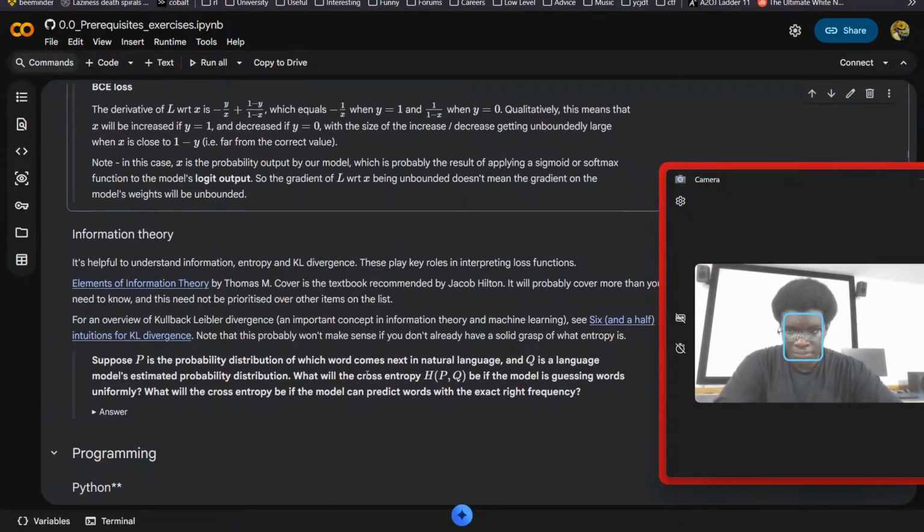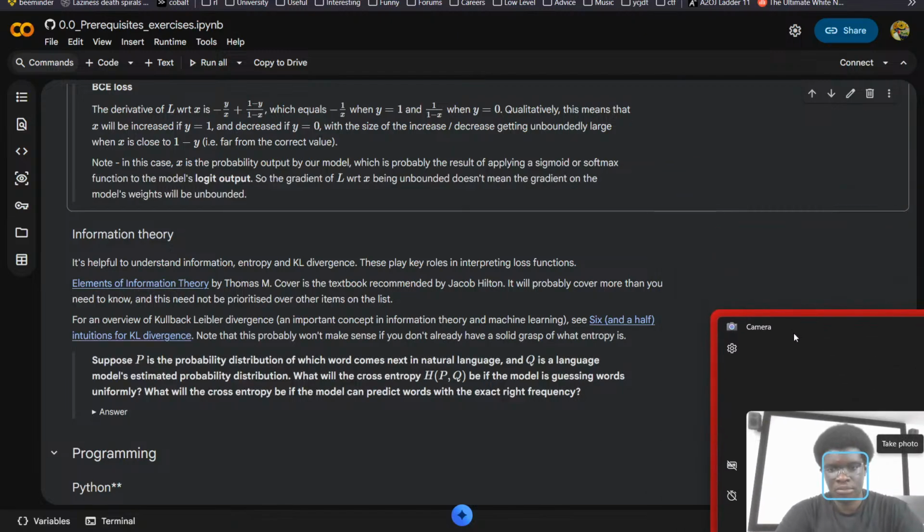And then it's helpful to understand information, entropy, and KL divergence. Okay, I think I know what information and entropy are, but I don't know what KL divergence is. Okay.